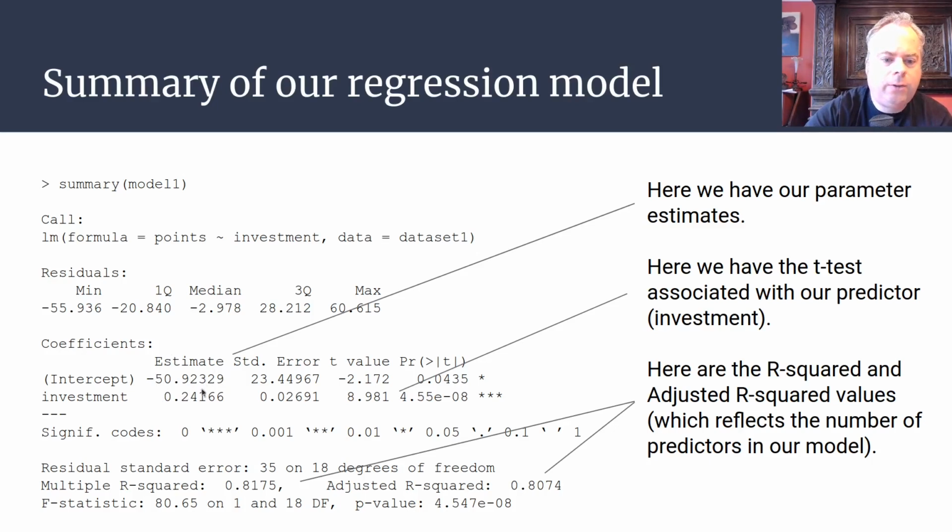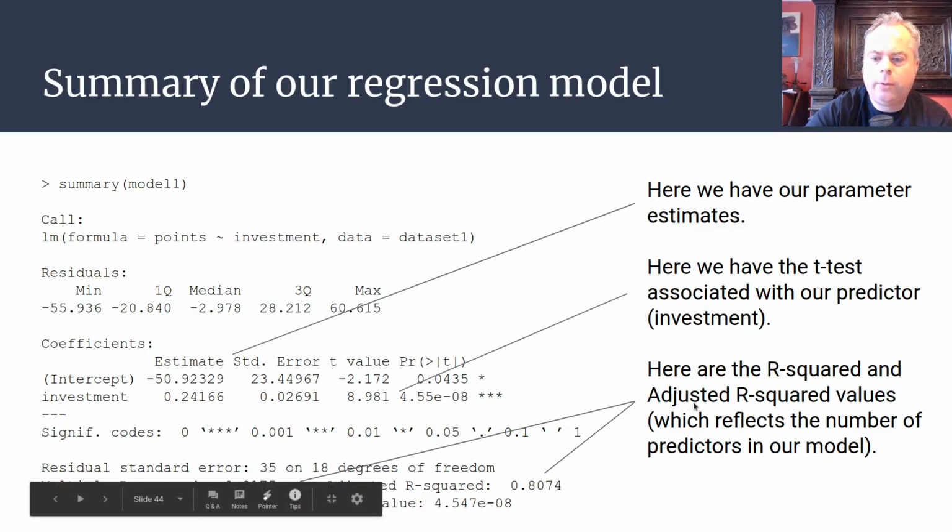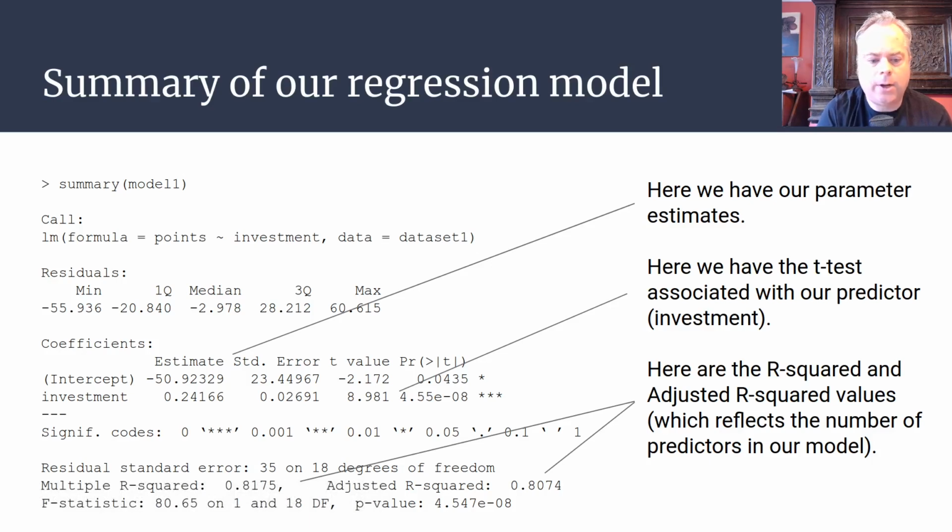Associated with each of these two estimates is also a t-test. So this test tells us whether or not the predictor itself is significant. And we also have information associated with the R-squared and adjusted R-squared values down at the bottom. R-squared tells us how much variability in one variable is explained by the other variable, whereas adjusted R-squared is an adjusted value which reflects the number of predictors in our model.